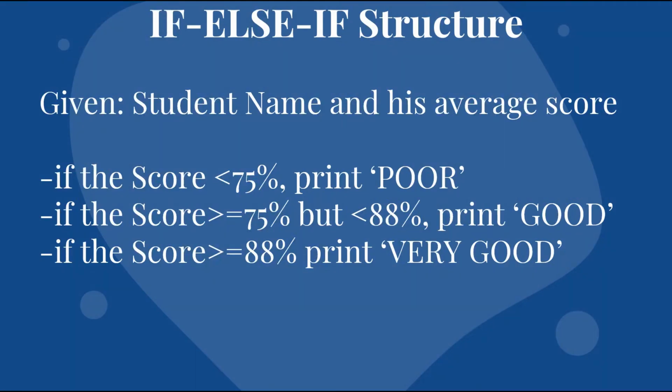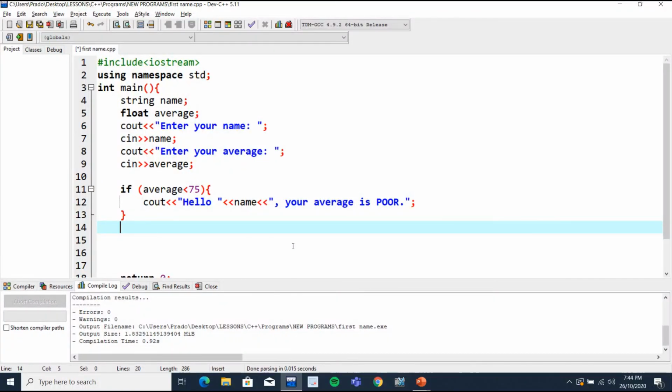Paano yung pangalawang condition, which is if the average score is greater than or equal to 75 but less than 88, print good. So, ang ilalagay po natin dyan is else if. So, dahil tatlo po yung condition natin, ang gagamitin po natin is if, and then else if, and then yung pinakahuli po is else.